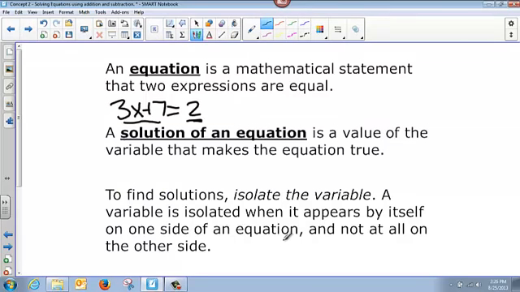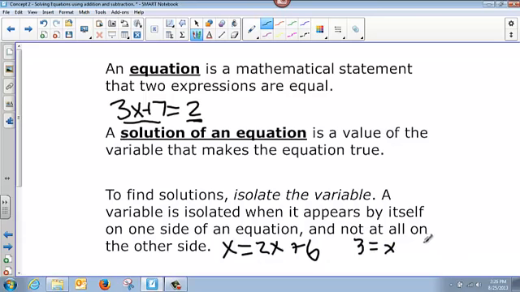In other words, if I have x equals 2x plus 6, I have not isolated the variable because I have an x on both sides of the equation. I need x only on one side. Now I can have 3 equals x, that's isolated, or x equals 4. That's isolated. So both of these have x isolated.